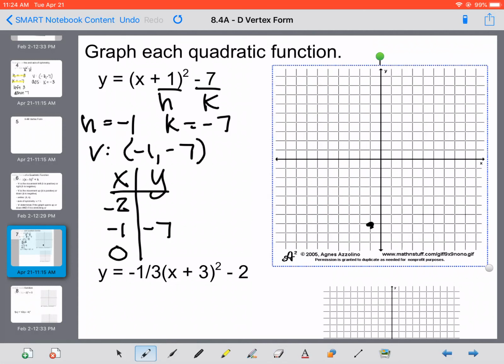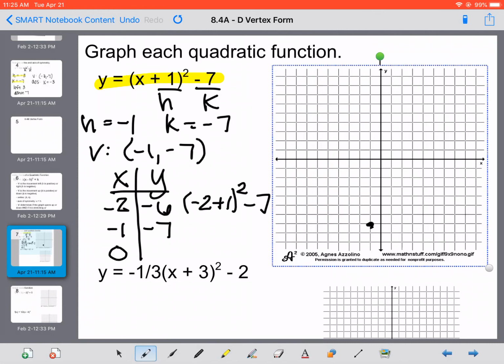And all we need to do is take those x values and plug them into our original equation to find our y. So if I were to plug that in, I would say -2 plus 1 squared minus 7. And if we evaluate that, you could just type that all directly into your calculator exactly how I have it written. So open a parenthesis, -2 plus 1, close your parenthesis, square it, and then minus 7.